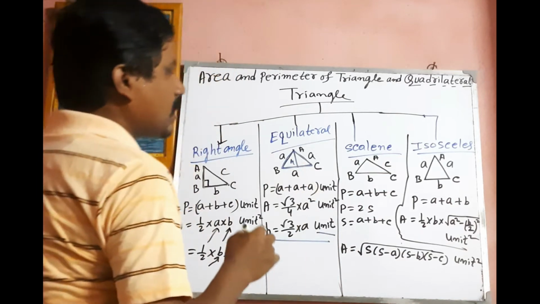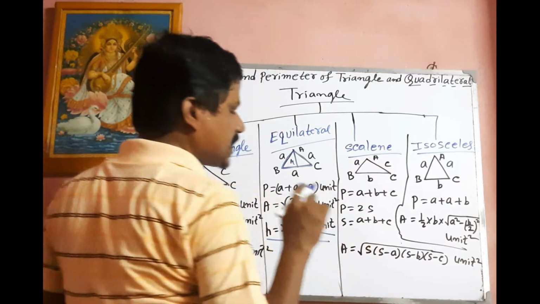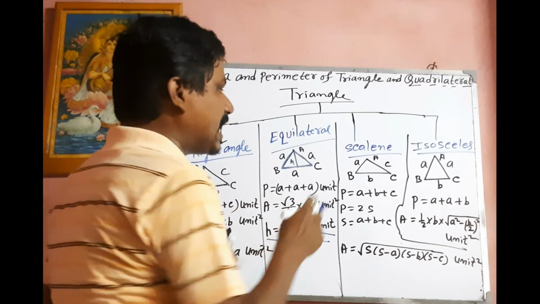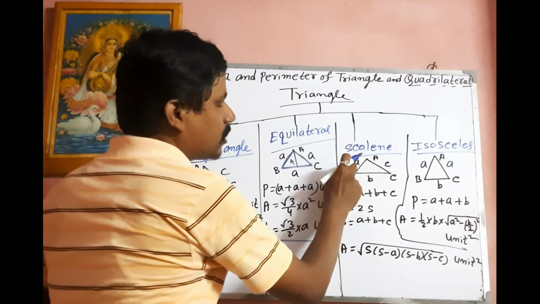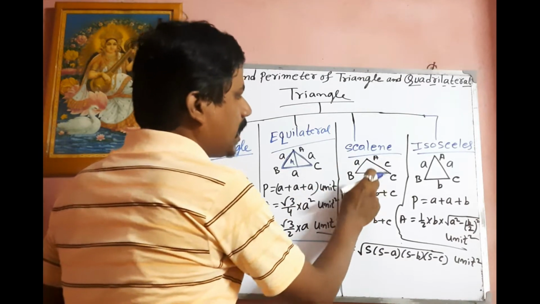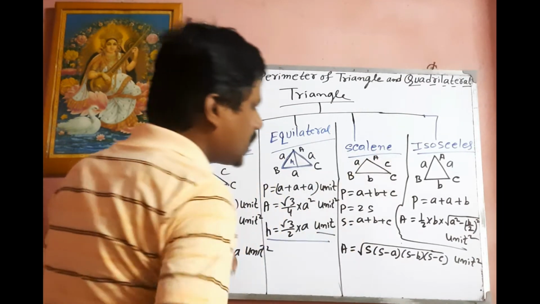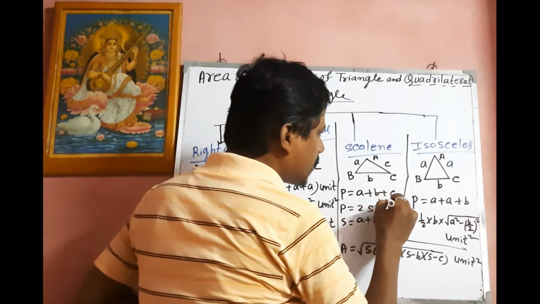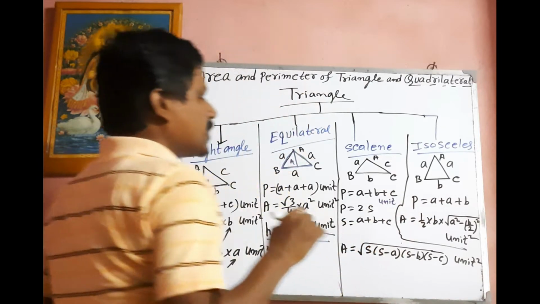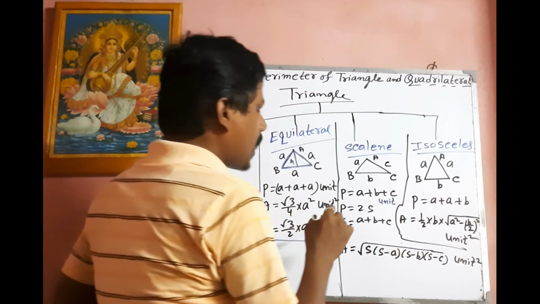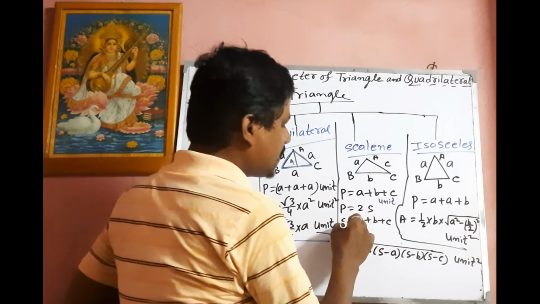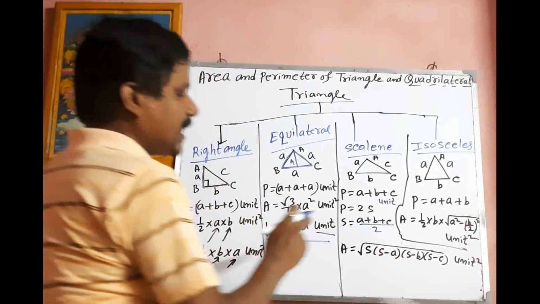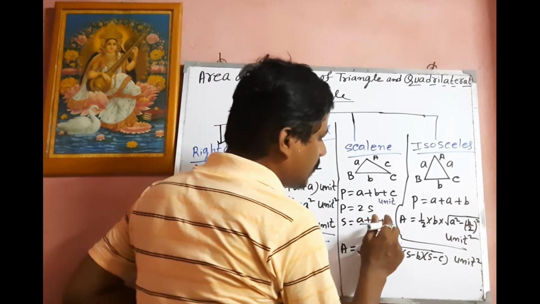In these triangles, suppose ABC is a triangle and each of the sides is unequal to each other. That is, AB is of length A, BC is of length B, and CA is of length C. Then the perimeter will be A plus B plus C units. Similarly, the perimeter will be 2S, and S is equal to A plus B plus C by 2.